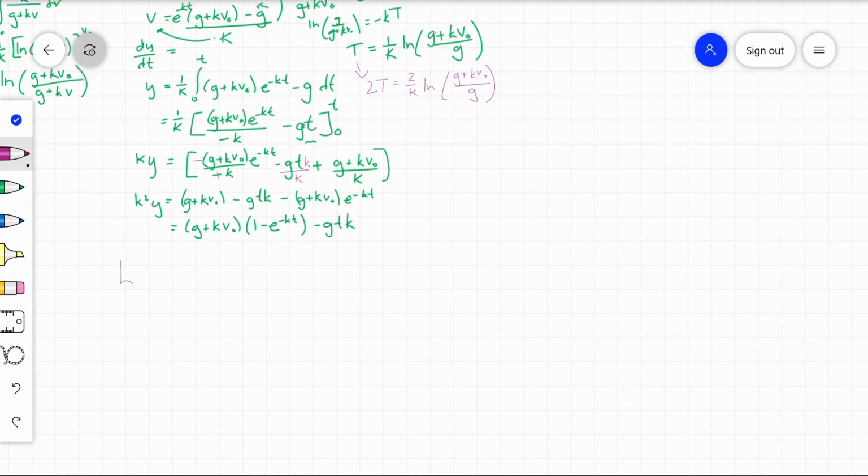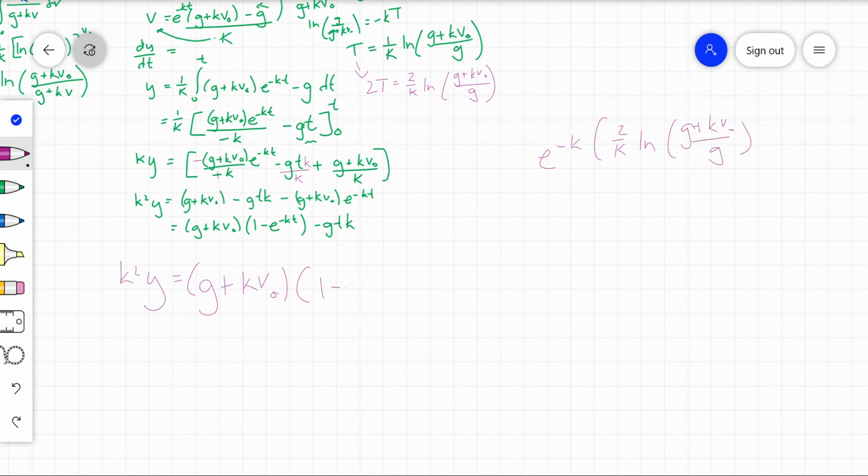So here we've still got k squared y, and we're subbing in. I should do this separately, sorry. So e to the minus kt, where t is now 2 on k log (g + kv0) on g.